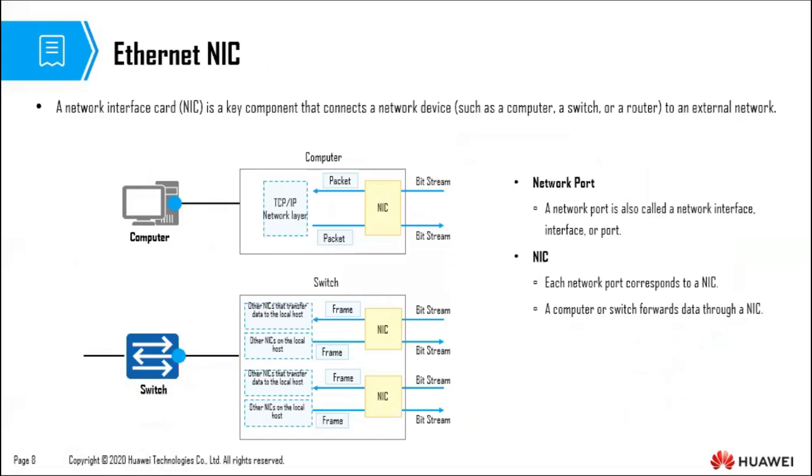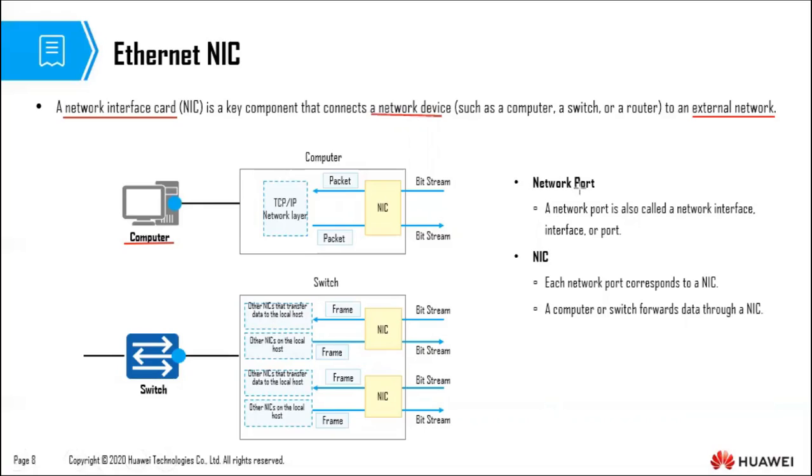Here we're just looking at what a network interface card is. The network interface card is a key component that connects a network device, such as a computer, a switch, or a router, to an external network. Normally, a computer will have a network interface card, and it will provide an RJ45 port or interface, which can now be connected.